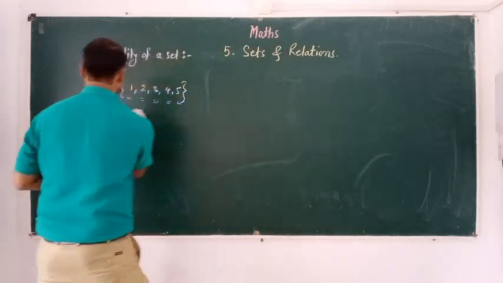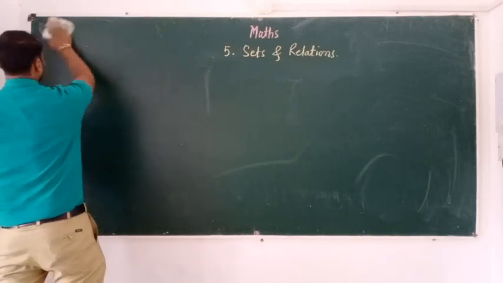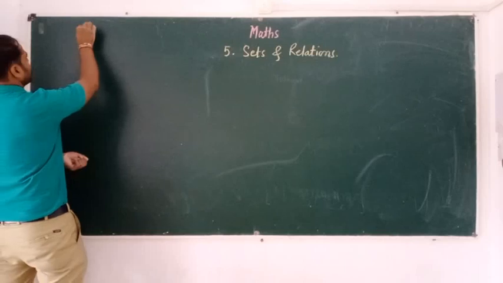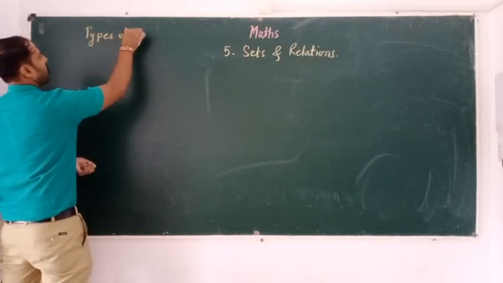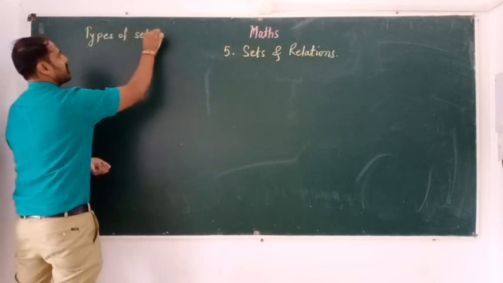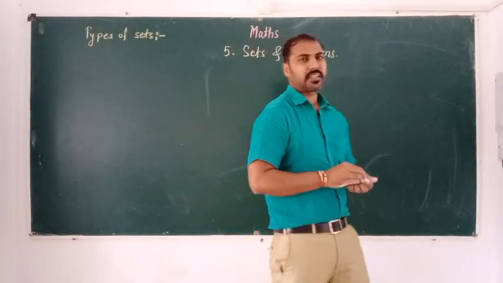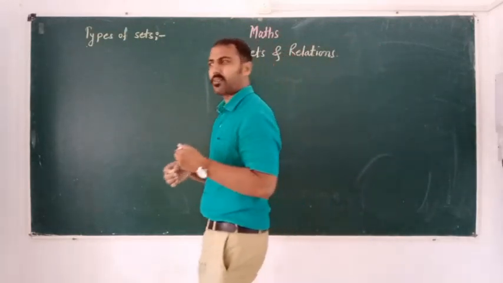Okay. Now, the next point, one of the most important topics in sets, is types of sets. I think there are 10 to 11 types of sets.